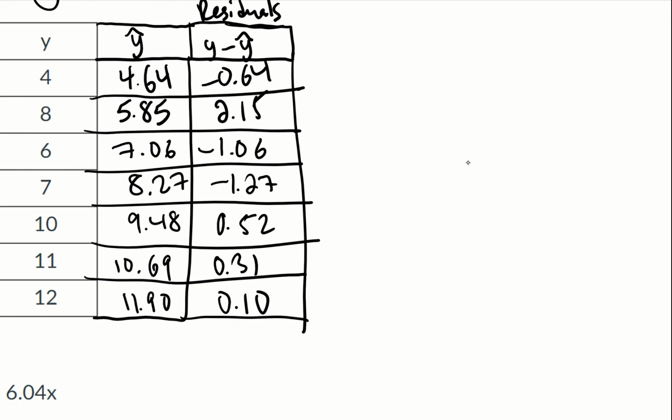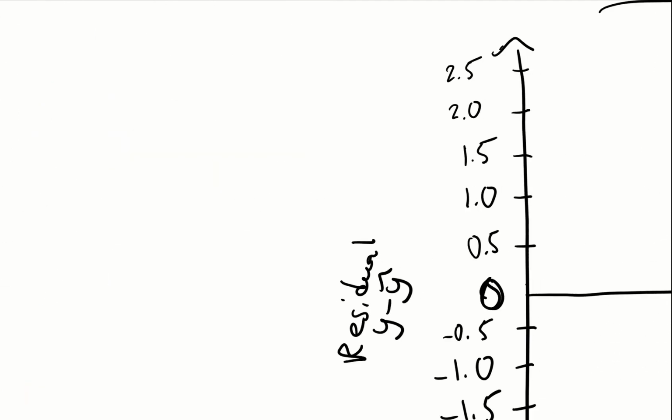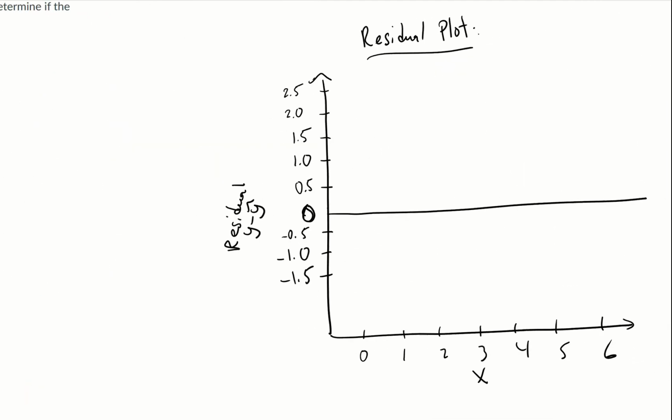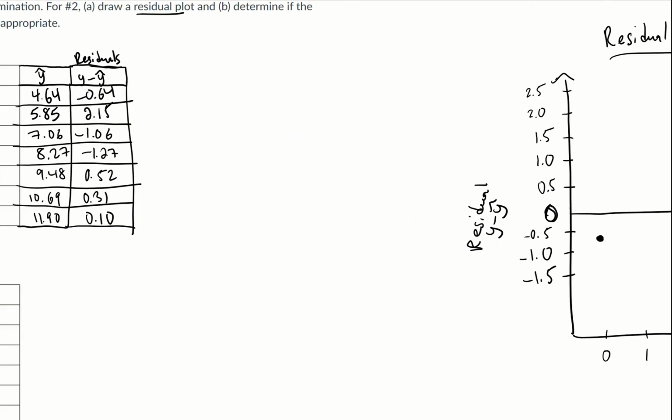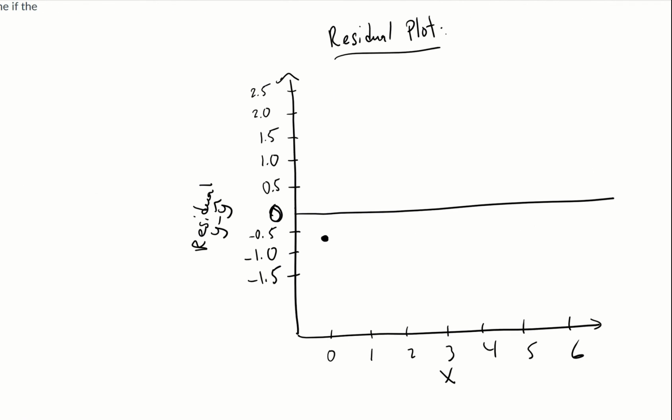So for x equals 0, you get -0.64, which is a little bit past the -0.5 mark here. When x is 1, you get 2.15 for the y minus y hat.